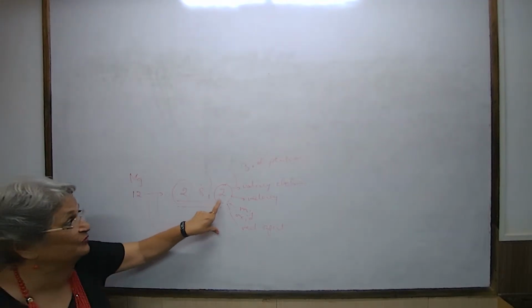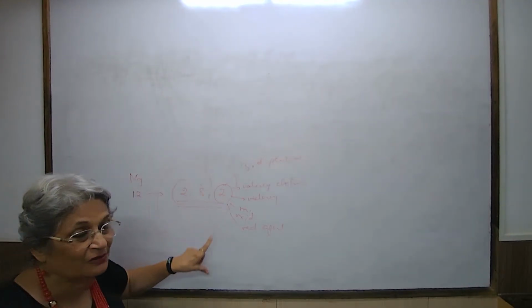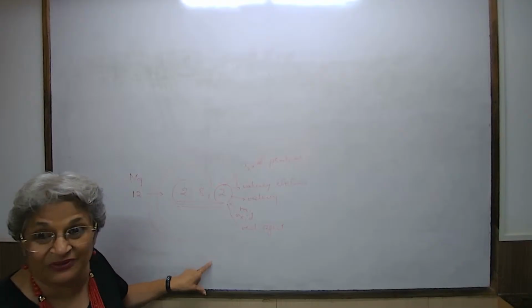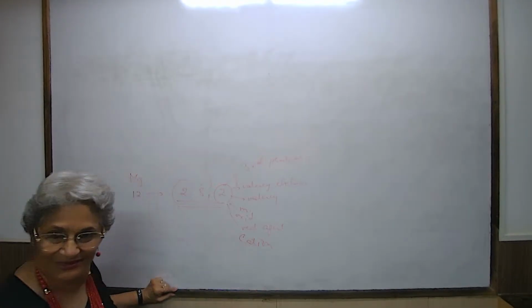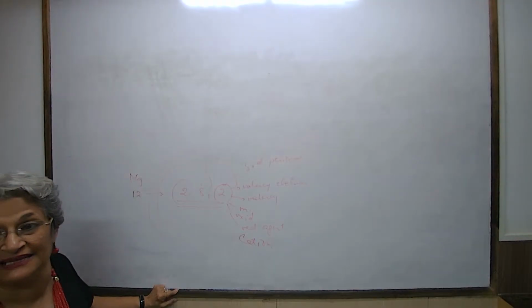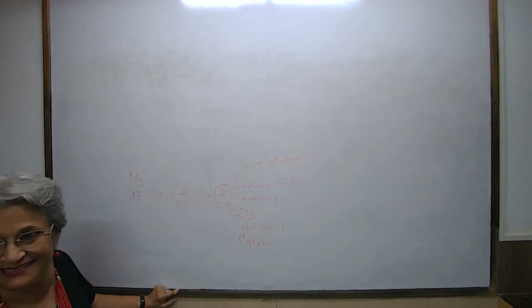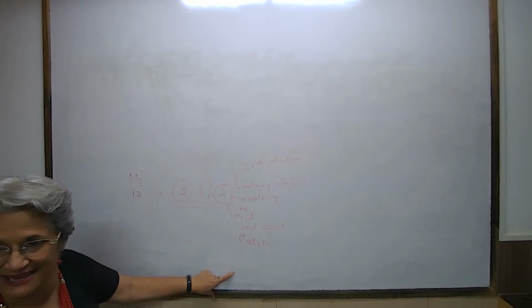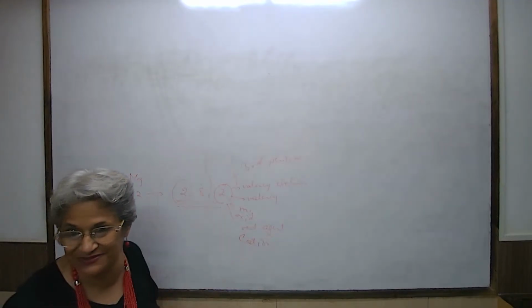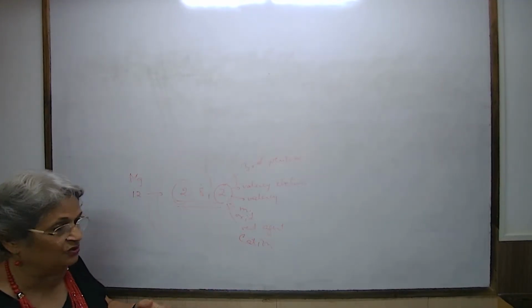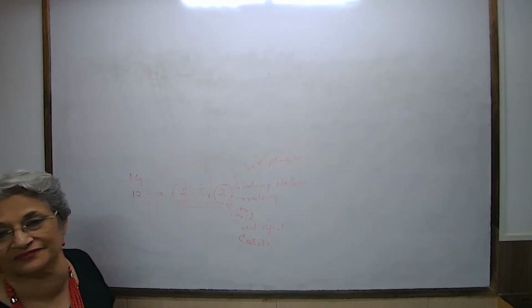You come to know the valency, whether it's a metal or non-metal, whether it's a cation. Then you also come to know that its shell is less than the actual metal because it has lost electrons here. All this information you get from the electronic configuration.